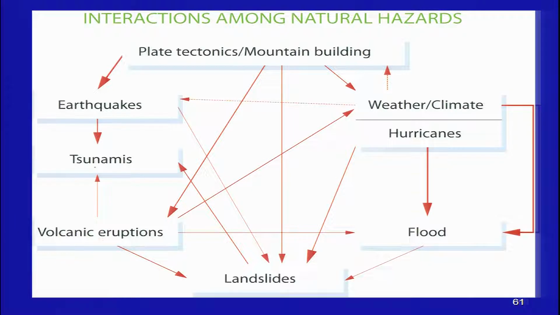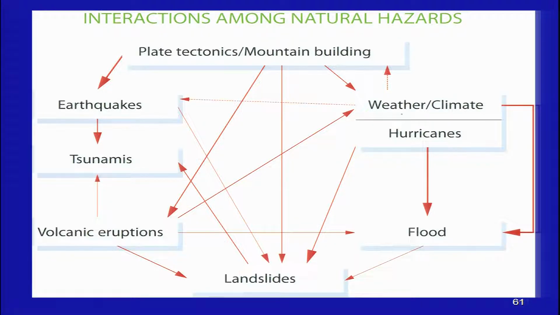Volcanic eruptions can also result in tsunamis. A very recent report from Indonesia: at the Krakatau volcanic crater, a huge chunk of landmass slipped into the ocean and resulted in a tsunami. That was because of the volcanic eruption, which triggered the tsunami. So, a volcanic eruption can also result in a landslide. This was experienced in the recent event in Indonesia.